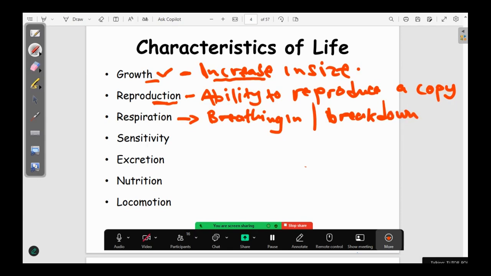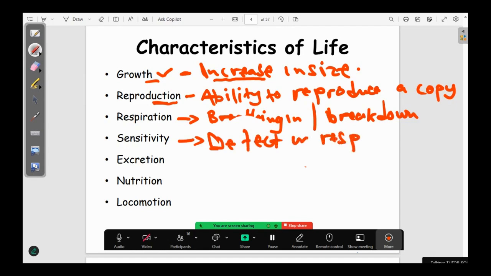Then the next characteristic is sensitivity. As long as something is a living thing, then it should have sensitivity. It should be able to detect or respond to stimuli.